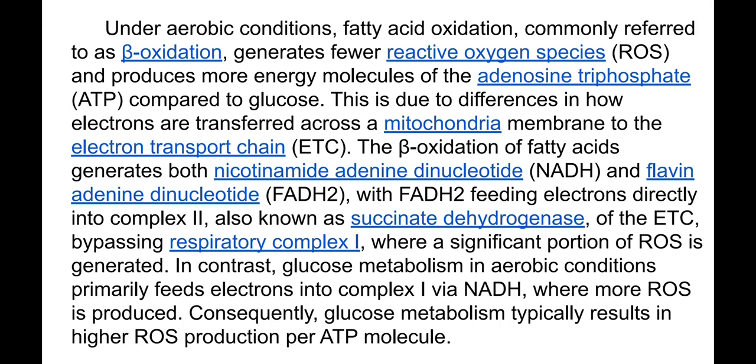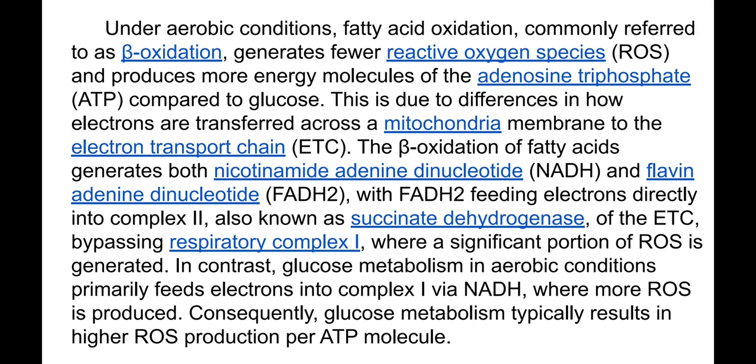The beta-oxidation of fatty acid generates both nicotinamide adenine dinucleotide and flavin adenine dinucleotide, with flavin adenine dinucleotide feeding electrons directly into complex 2, also known as succinate dehydrogenase, of the electron transfer chain, bypassing respiratory complex 1, where a significant portion of reactive oxygen species is generated.